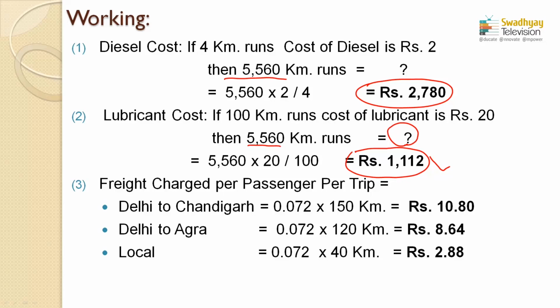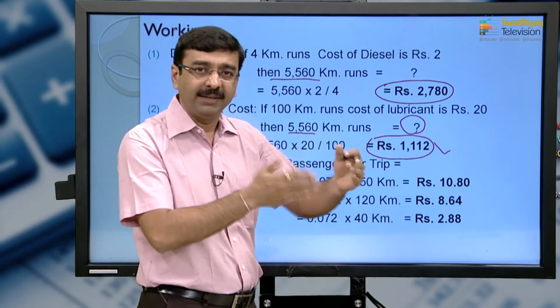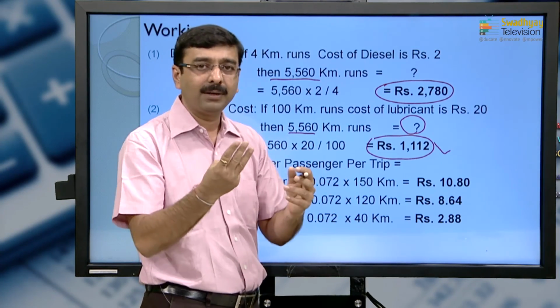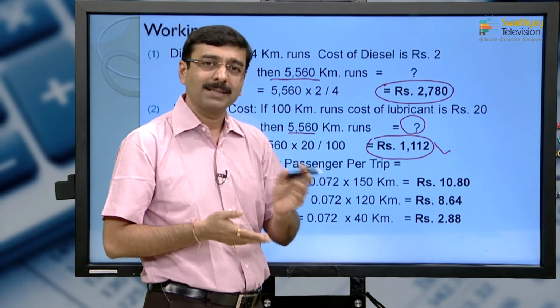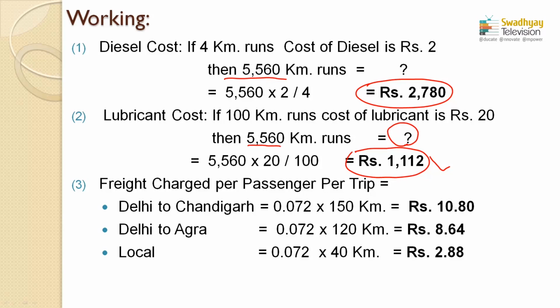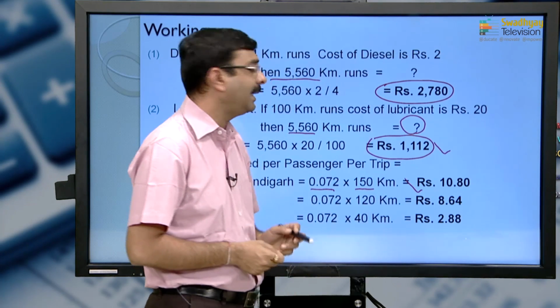Now the second answer we will find out, and that is freight charge per passenger per trip. How much freight would they charge on different trips? They have 3 different trips, 3 different routes, and how much freight would they charge per passenger per trip. So here, Delhi to Chandigarh, 0.072 multiplied by 150 kilometers per trip, comes to 10 rupees and 80 paisa.